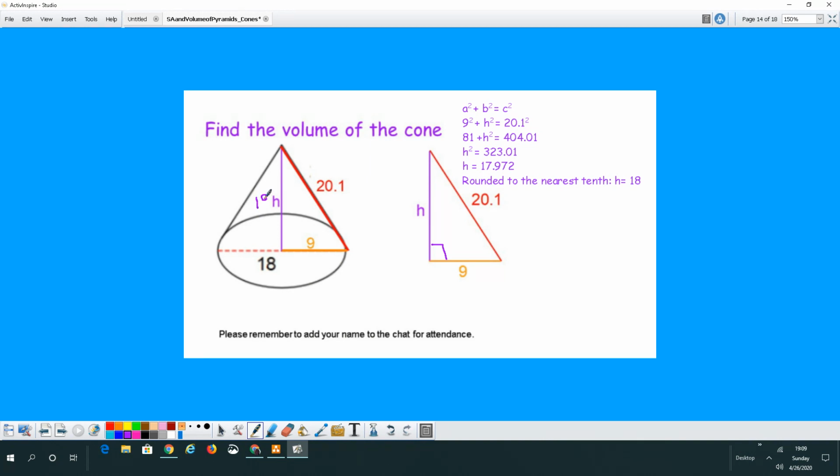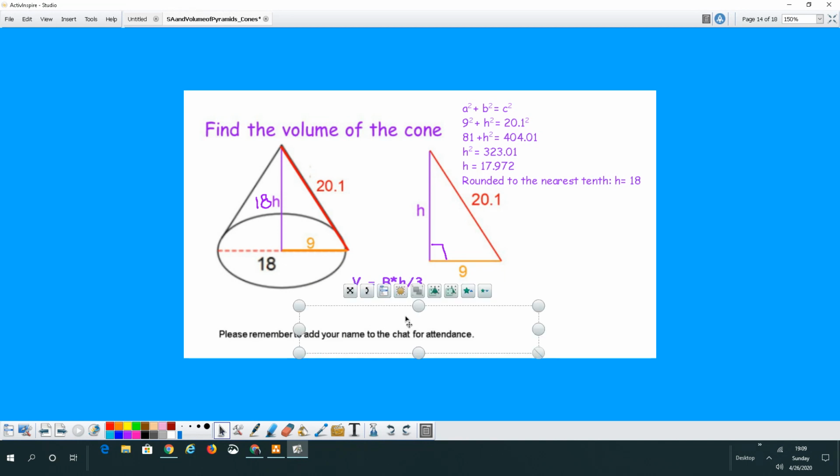And we can now find the volume by using our formula. Remember the formula? Volume equals big B times H divided by 3. The volume is the area of the base, in this case a circle, times the height, which we just figured out to be 18, and then divide that number by 3.